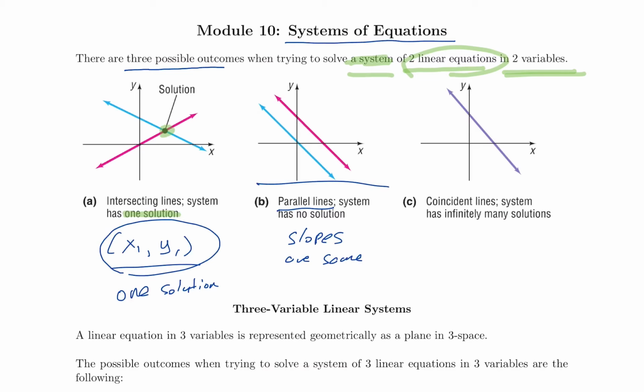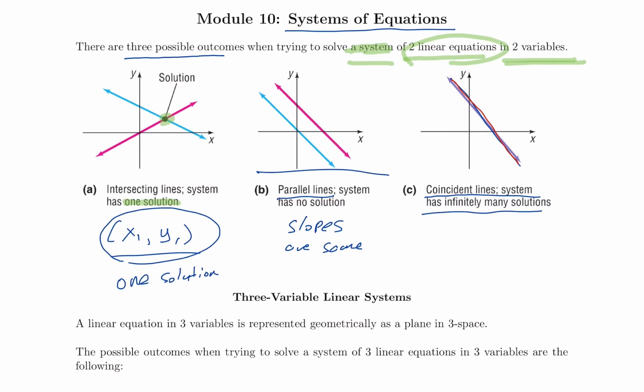Therefore, there's no solution. The third possible outcome is a system of linear equations that has infinitely many solutions. You can think of it as the lines overlapping. Essentially they're identical lines, so we have an infinite number of solutions, because they have an infinite number of points where they intersect.